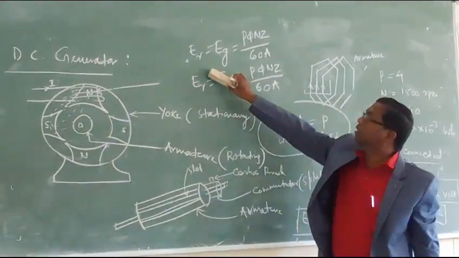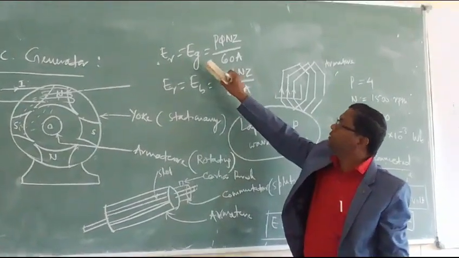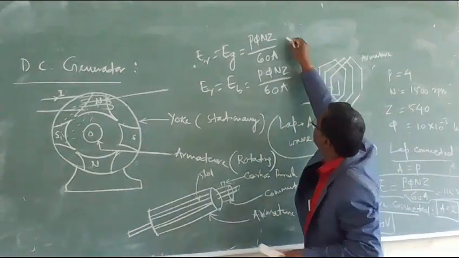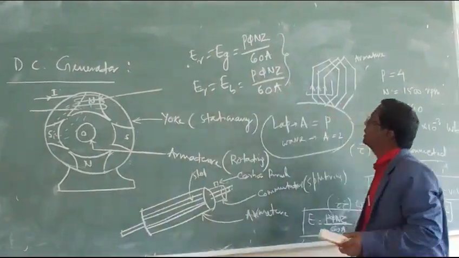In case of generator it is Eg, but in case of motor it is Eb, but both have the same magnitude, P phi N Z by 60A.